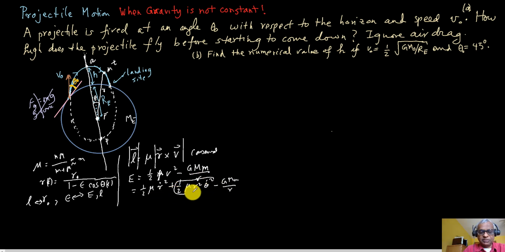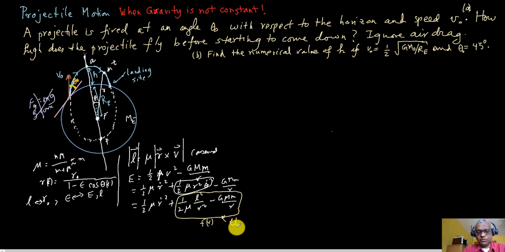This you can write in terms of the angular momentum as 1 over 2 mu, L squared over r squared, minus GMm over r. And this whole thing is a function of r, called the effective potential energy, U effective. Okay, so that's so much for theory.